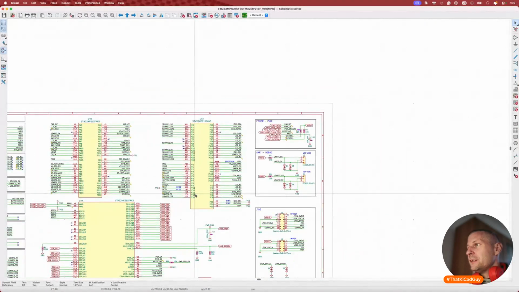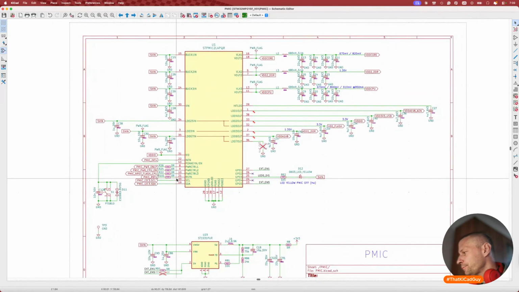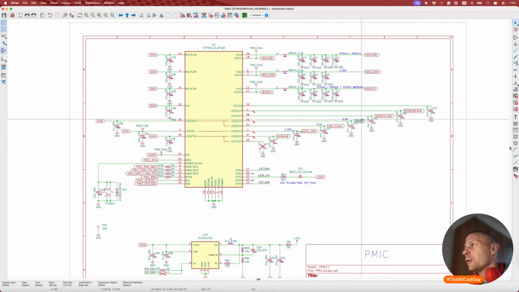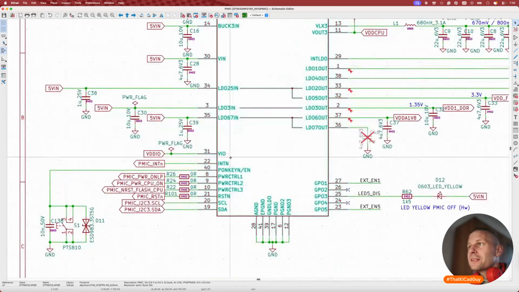The bus level is an output of the PMIC, and if I somehow lost this voltage, I can't communicate with the PMIC. That's indeed a very good finding, as well as this VIO.